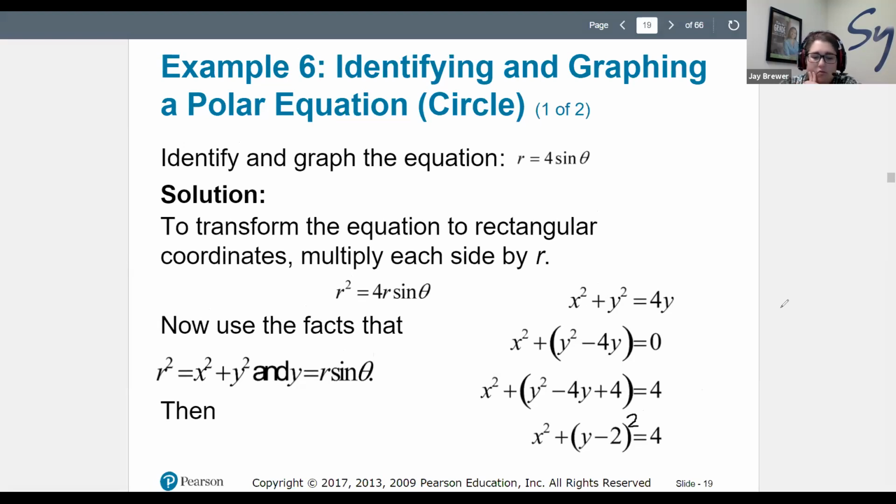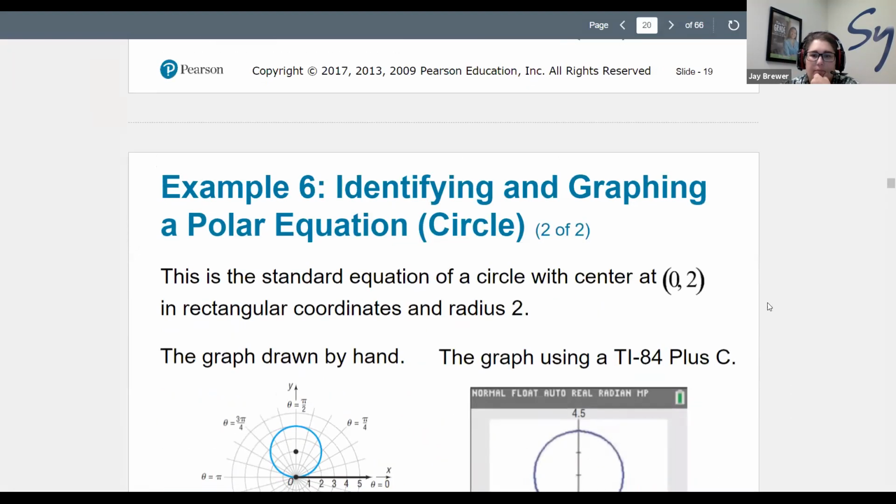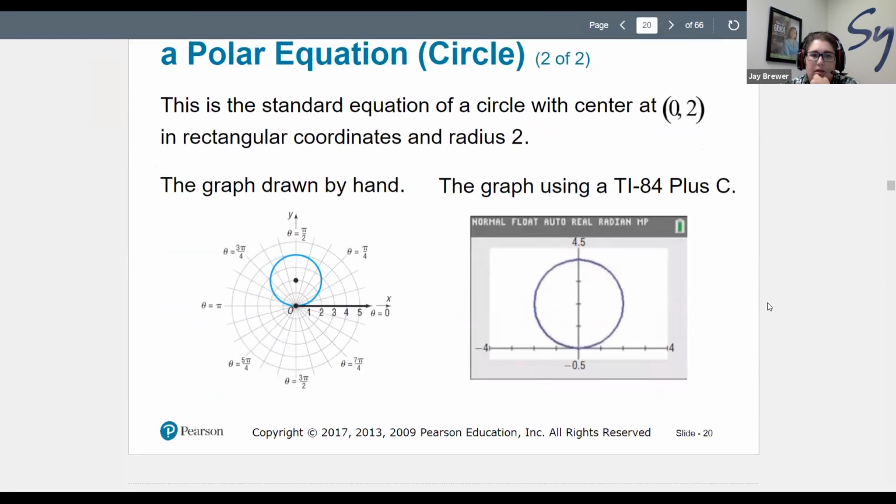All right, so we can draw this either by hand or on the graphing tool, whichever way you would like. It's a circle. The center is at (0, 2), and the radius is 2.